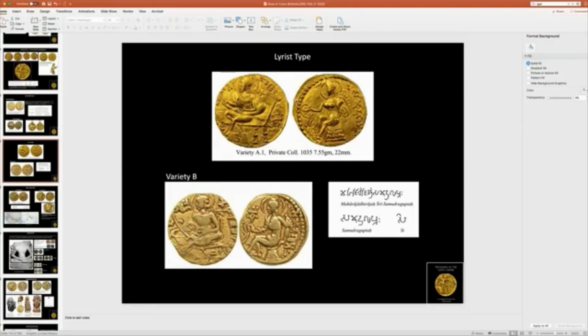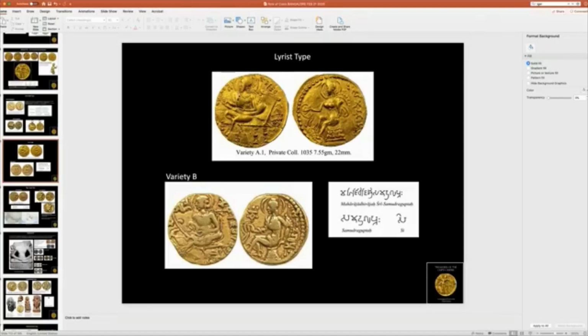There are two versions of this Lyrist type. One is a broad flan, meaning a very broad piece of gold, 22 millimeters, and the other one is about 19 millimeters and much smaller in size.